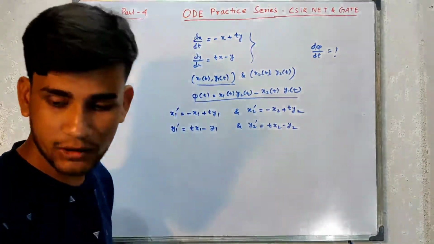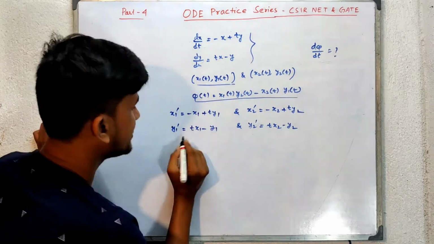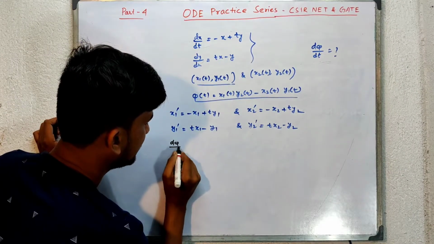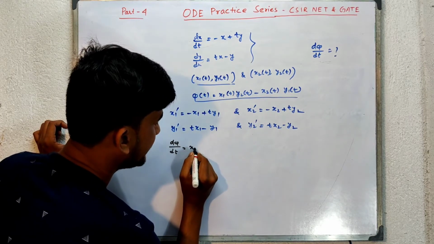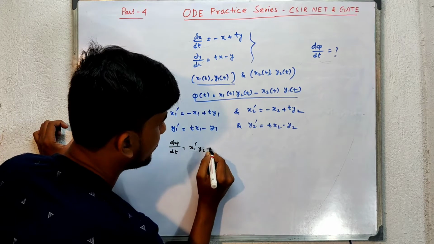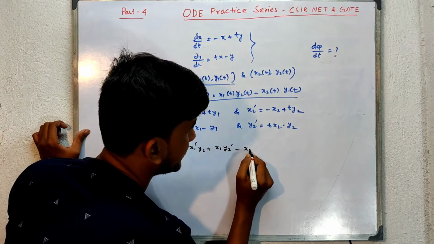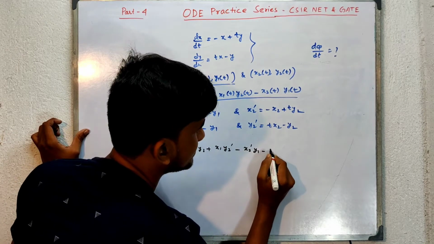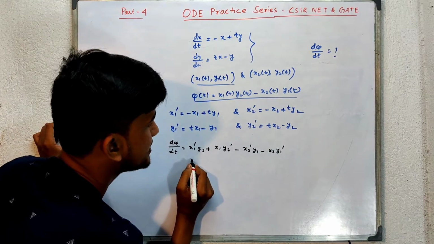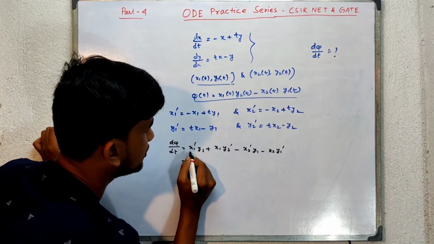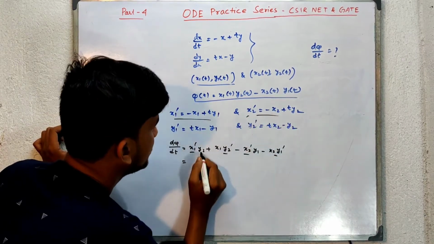Now it is given that phi is equal to this. So if we differentiate phi, that means d phi/dt is equal to, these are functions of t, x1 dash y2 plus x1 y2 dash minus x2 dash y1 minus x2 y1 dash. These are all differentiations with respect to t. Now we put in the values of these derivatives from the four equations.